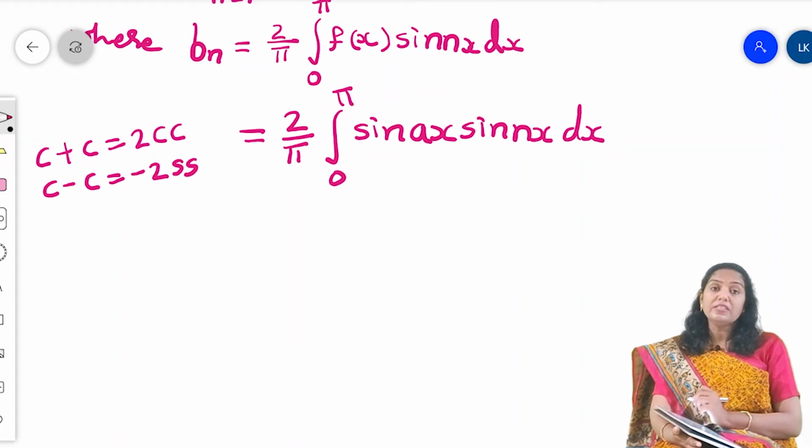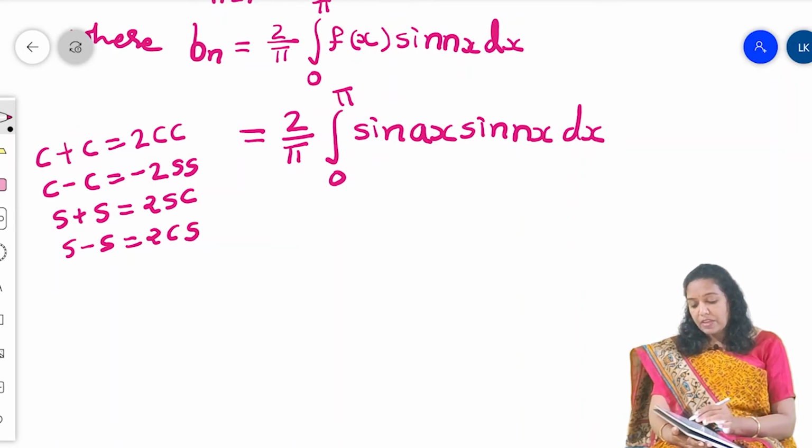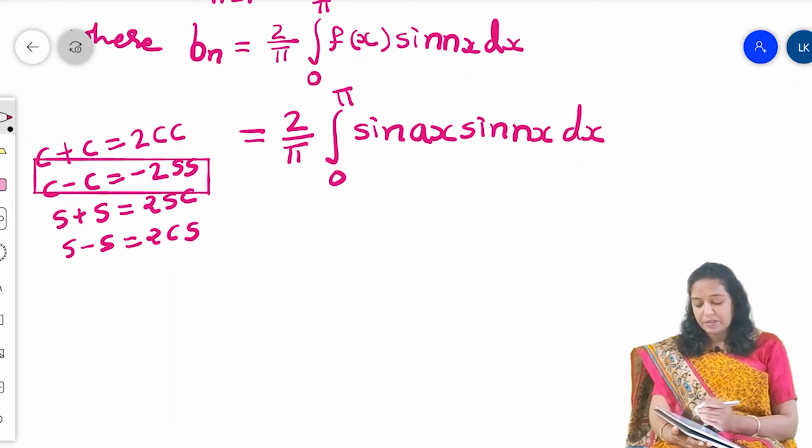The symbol c is used for the cos function and s for the sine function. Similarly, s plus s is 2sc and s minus s is 2cs. Now here, s into s means we want to use this second formula, that is minus 2ss is c minus c.